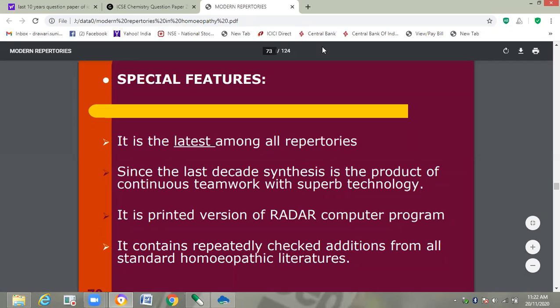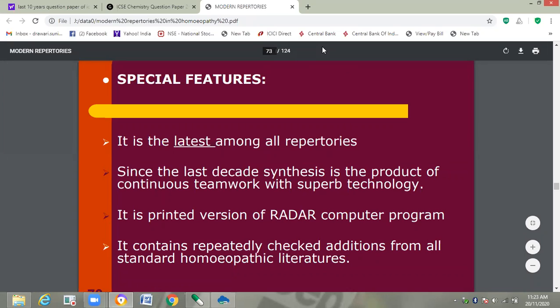It contains thousands of cross references and synonyms, especially in the mind section. In the mind section we found thousands of cross references as well as synonyms for the rubric. This Synthesis 7 version is the first repertory which contains more than 2000 remedies.